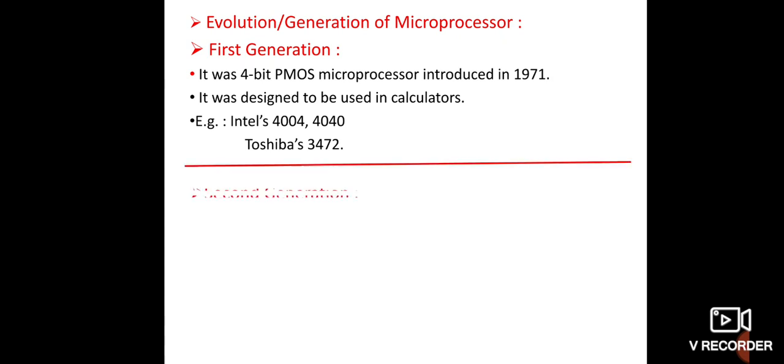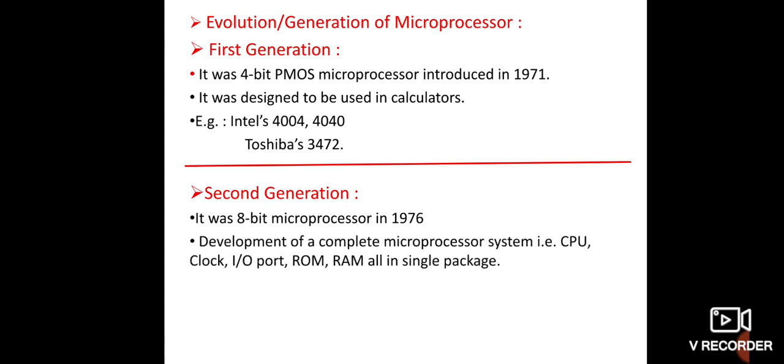Now in the second generation, Intel introduced an 8-bit microprocessor in 1976. In this generation, the microprocessor was developed completely.